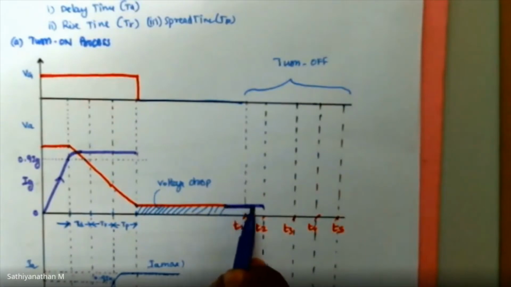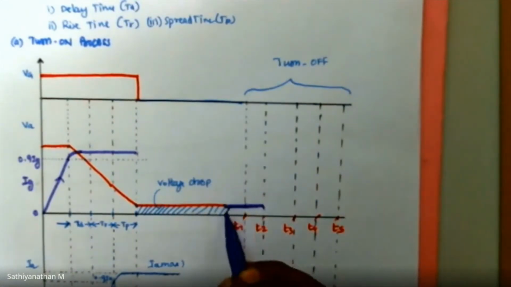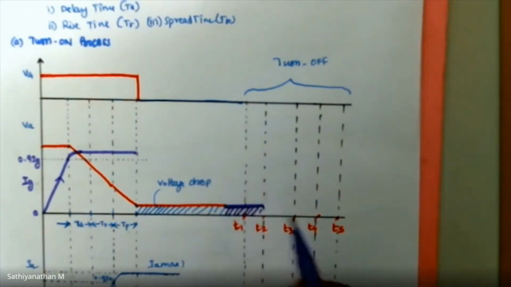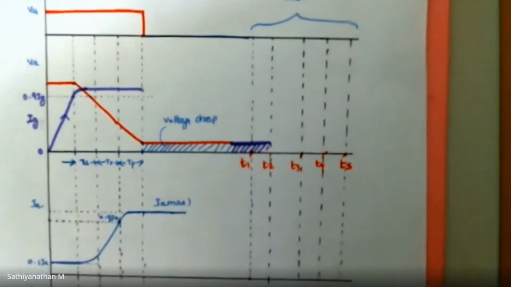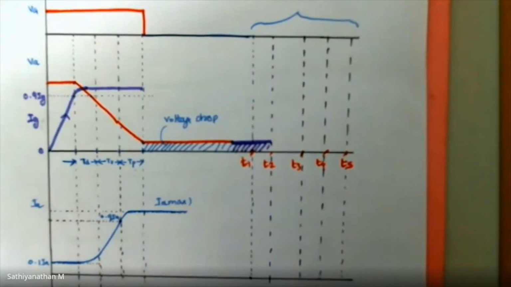Till time T2, there is no change in the anode voltage magnitude. Still the device is in conduction. But you have reversed the polarity of your supply, or you have used some external circuit to force the SCR to turn off.